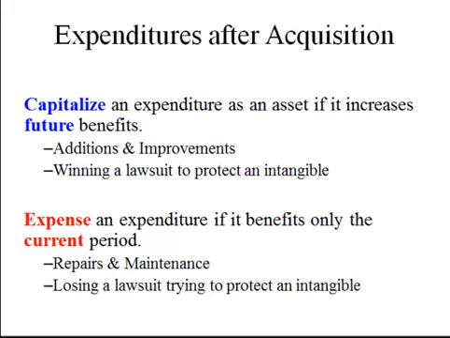The answer is as it was before. We need to ask and answer the question, to what period of time does the expenditure relate? If it increases future benefits, then we will capitalize the expenditure as an asset. If the benefit relates only to the current period, then we will expense it on the income statement.